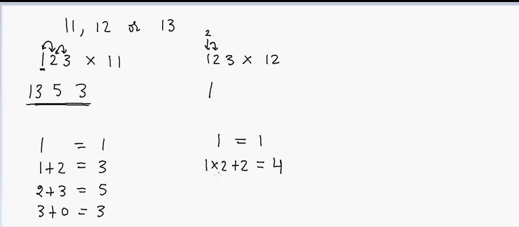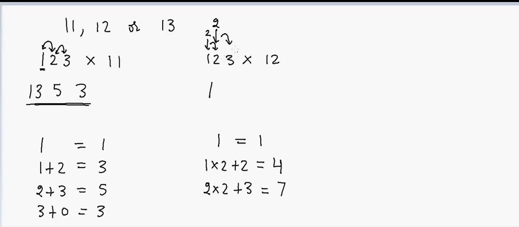Then, for calculating the third digit of the answer, I'll do 2 into 2 plus 3, that will be equal to 7. So I multiply this by 2 and then add the 3, so that will be equal to 7.